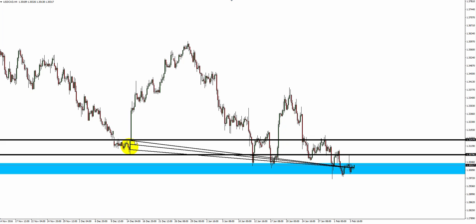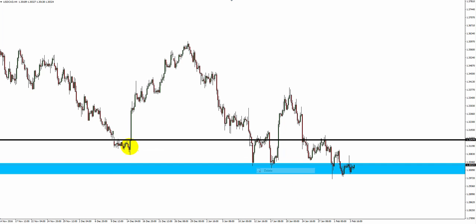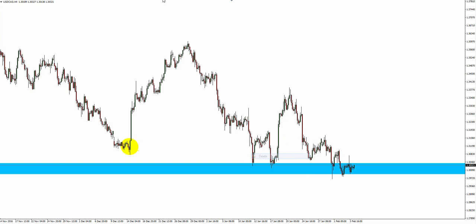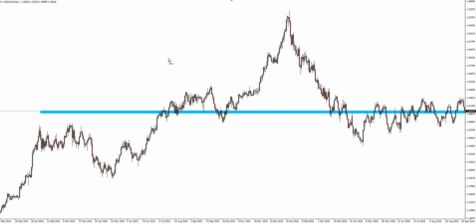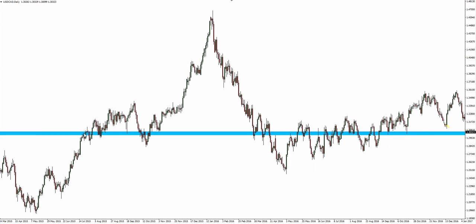So with that being said, let me just clear up this area so we can see what we're doing. Now then, going up on the daily, this area has been quite an area where prices come up to it, sold off, so there's some resistance there, breaks through it, pulls back, bounces, some support now.